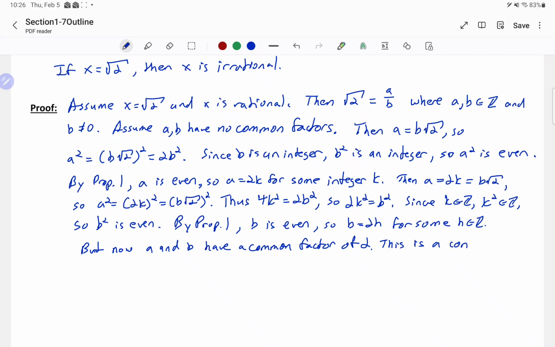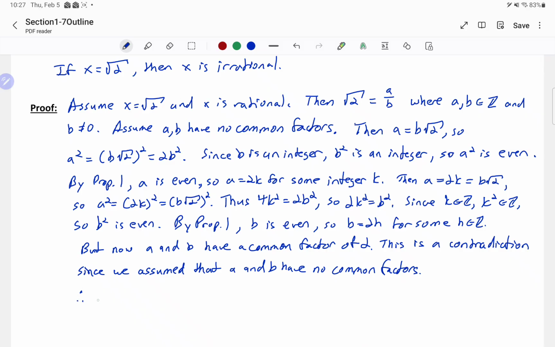This statement can't possibly be false, that a and b have a common factor. Okay? So therefore, x equals the square root of 2 is irrational.